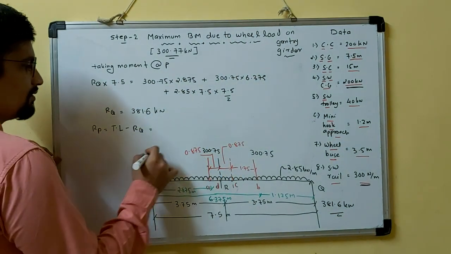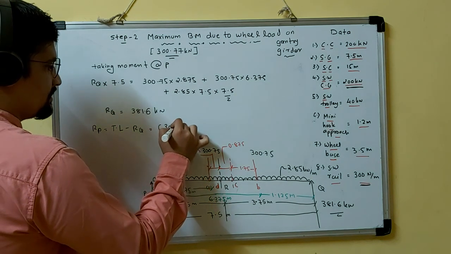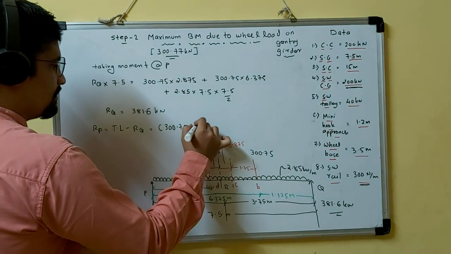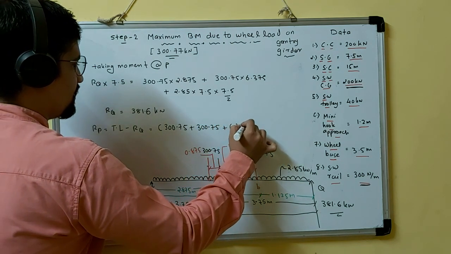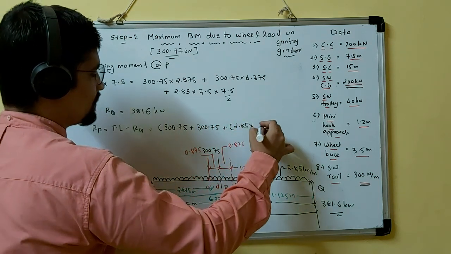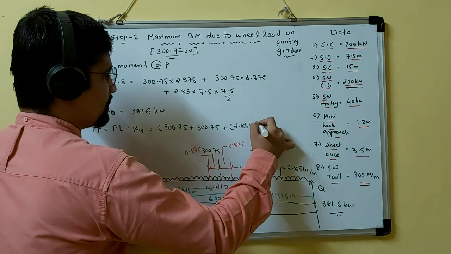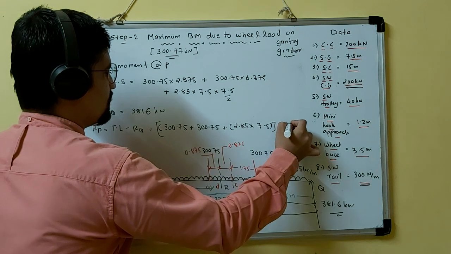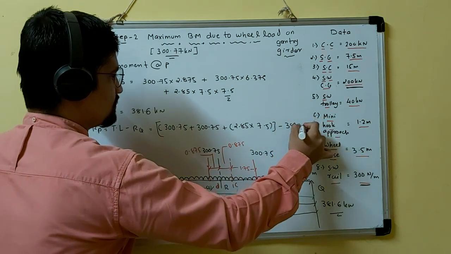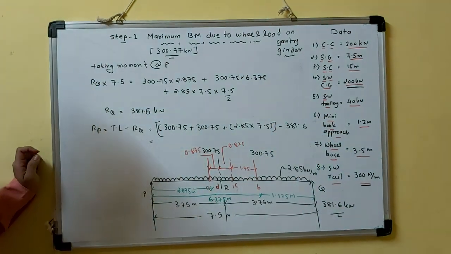Okay, total load is 300.75 plus 300.75 plus 2.85 into 7.5, minus 381.6. So what will be the value of RP?